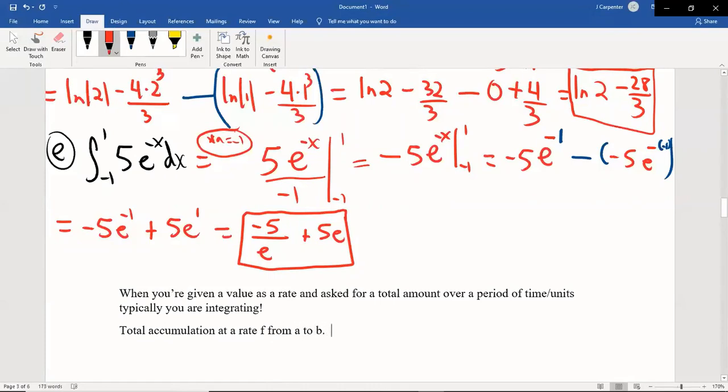So if you want to find a total accumulation at a rate of f of x from a to b, you're given a function that's a rate, not an output. It's not telling you how many are made. It's telling you the rate of production. Then the total accumulation is equal to the integral from a to b of f of x dx.